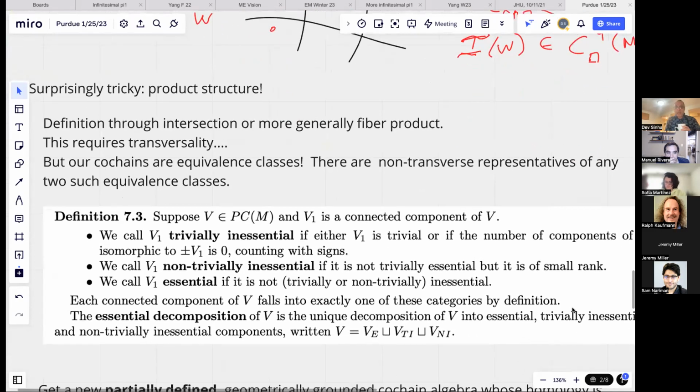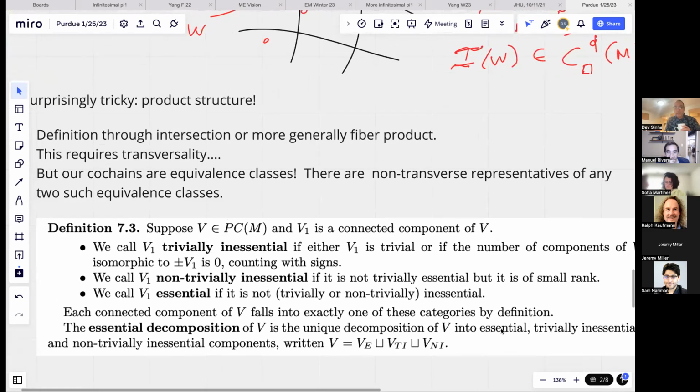The thing that in the end we almost thought was not true is that you can define a product on this gadget with these geometric cochains through intersection, or fiber product more generally. So if I've got a W and a V, I can take the fiber product over M. If they're submanifolds, that's intersection, codimension adds.